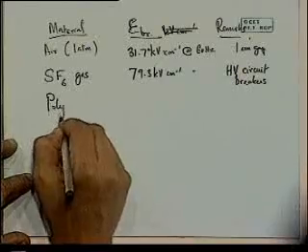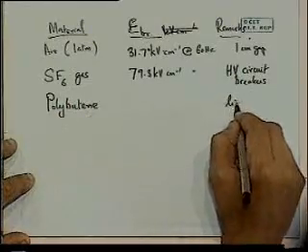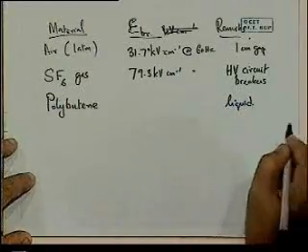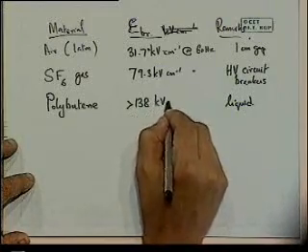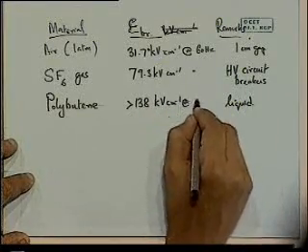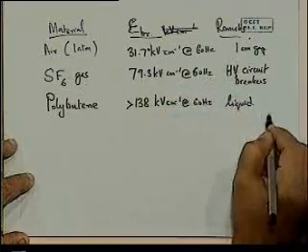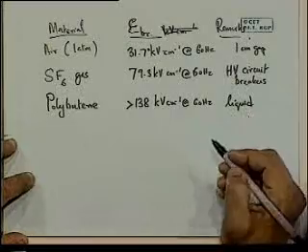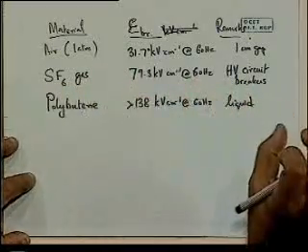Here's a polymeric material, polybutene, which is a liquid, and it can sustain greater than 138 kilovolts per centimeter at 60 hertz. So as a liquid, it's got some interesting applications like filling up the high voltage cables.